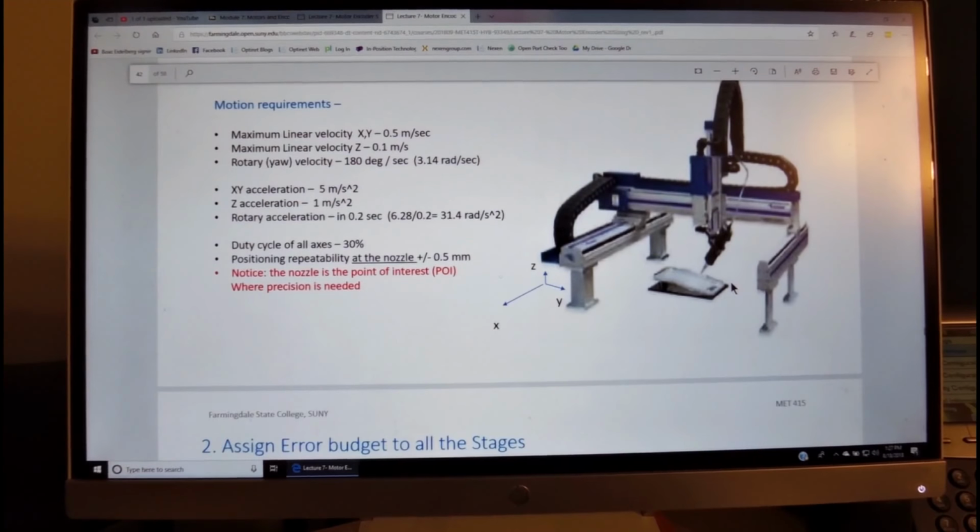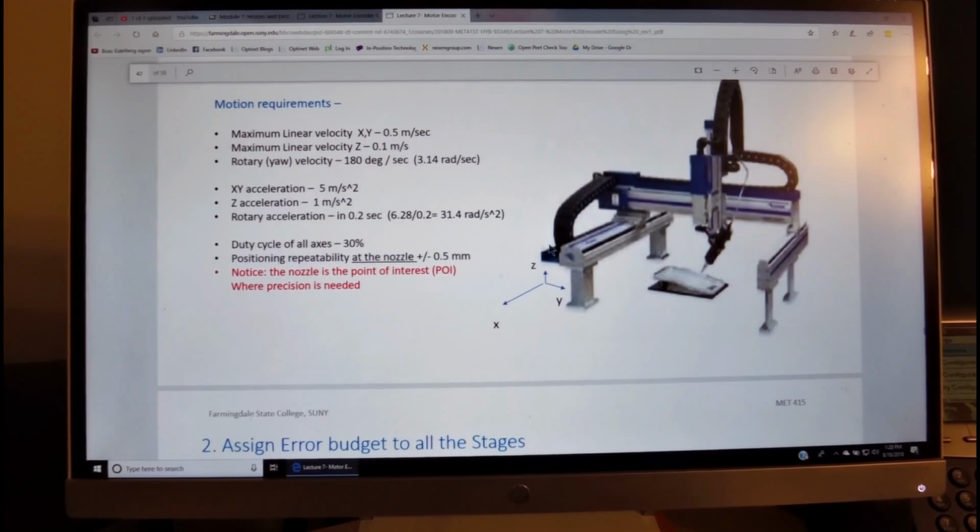With that said, we could continue here with the other forms of the specification, such as the maximum linear velocity, which is a requirement for this particular dispensing device, maximum allowable acceleration for proper dispensing, and also the rotational acceleration are all specified.